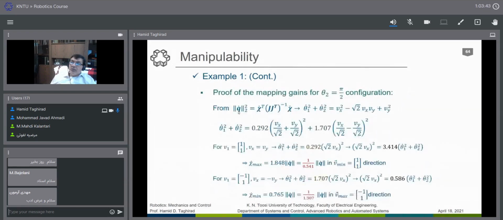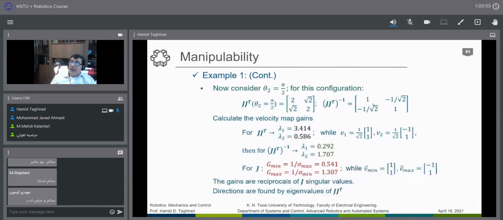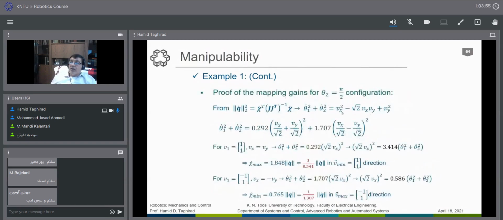So the relation between norm of Q and norm of X, as you see, norm of Q is theta 1 plus theta 2, and JJ transpose inverse, we have it here, we put on here, we get to this point. So this means that Vx and Vy are related to theta 1 and theta 2 by these two relations.